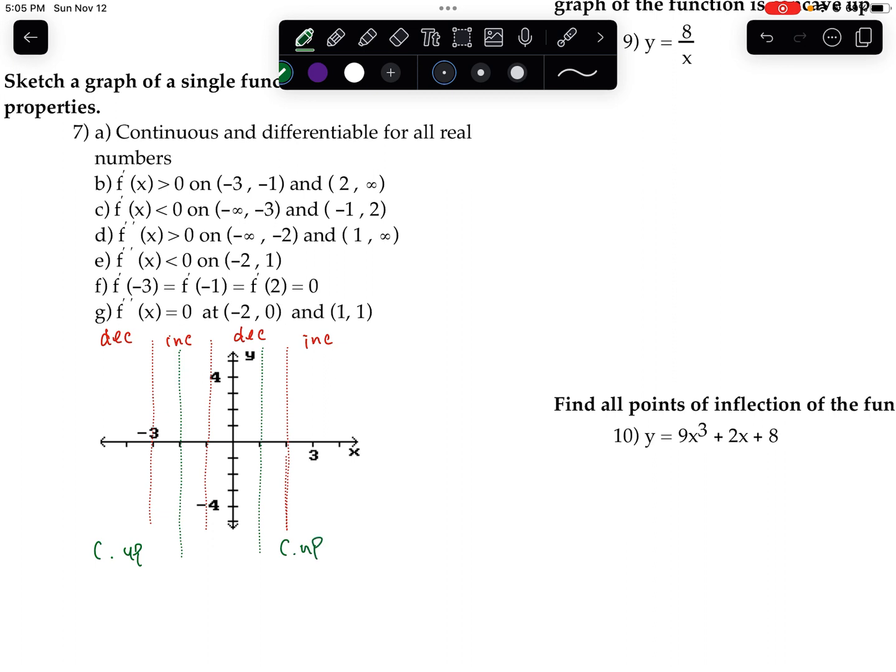For part E, concave down, f double prime is less than 0 from -2 to 1. Concave down meaning bowl shape down, concave up meaning bowl shape up. It's very unofficial, not really formal talk or definition.